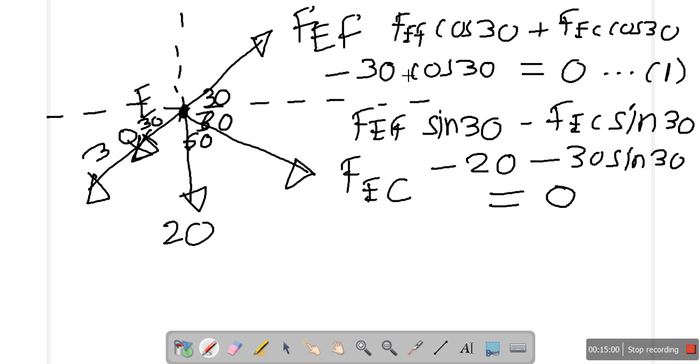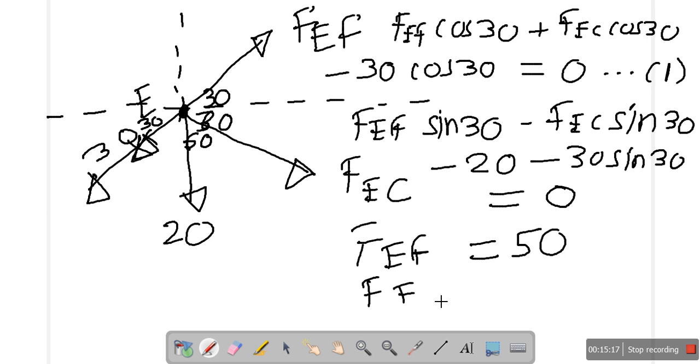If you solve these two equations, you will get the value of EF and EC. So please solve that, and you will get EF as 50 and EC as minus 20. Please make sure to do these calculations and you will get the answer.